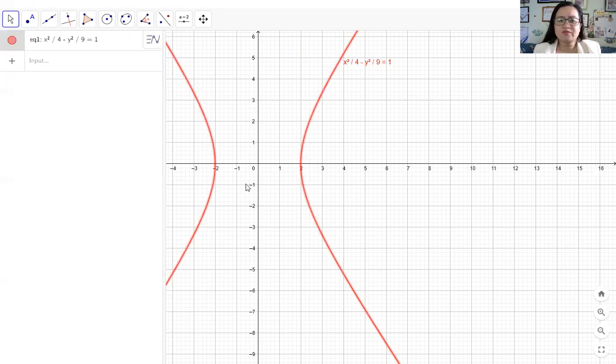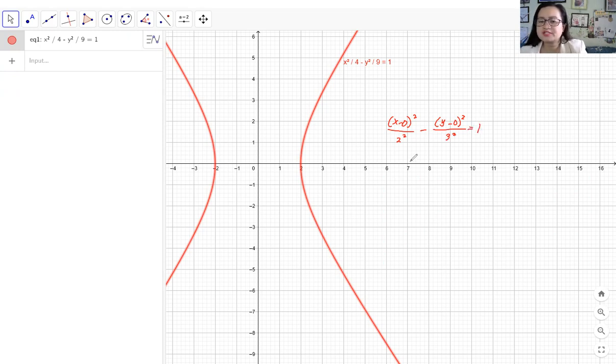We start by rewriting the equation in standard form. So x squared over 4 is equivalent to (x minus 0) squared over 2 squared, minus (y minus 0) squared over 3 squared, equals 1.